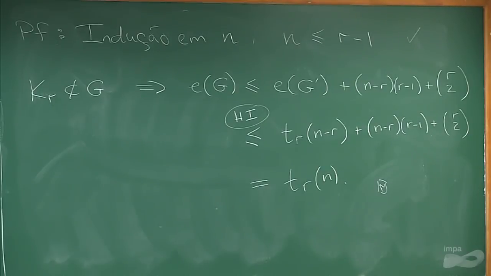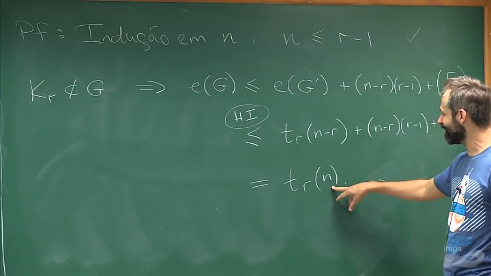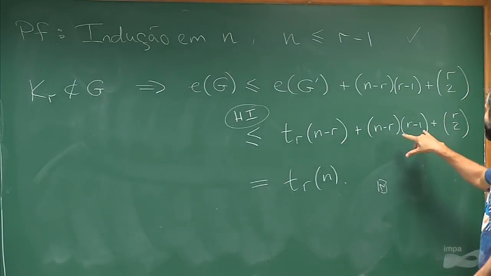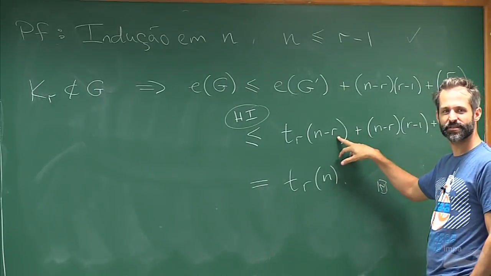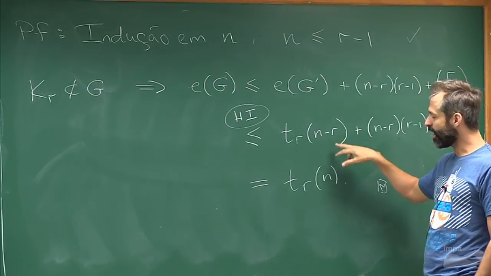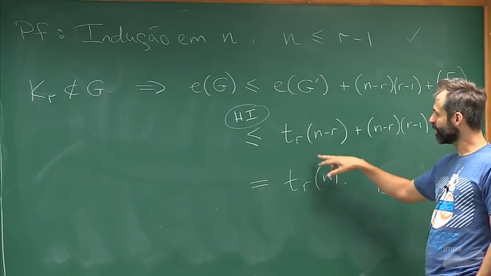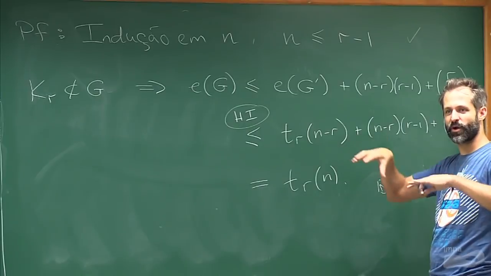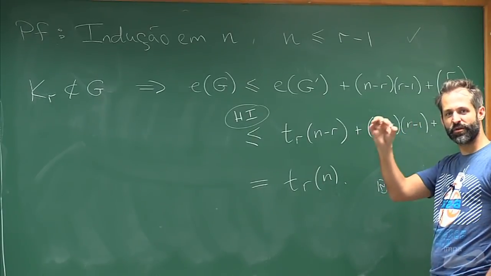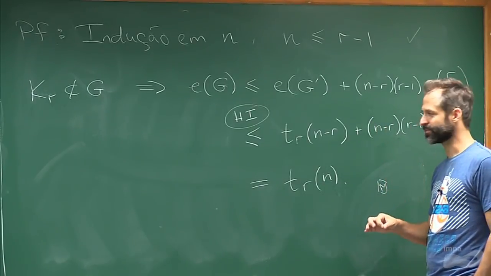So let's try and prove it by picture instead. Why is the difference between T_r(n) and T_r(n minus r) exactly this? Well, what's the difference between these two graphs? We've added r vertices, and we know they're both r-partite graphs, with class sizes as equal as possible. So we've added one vertex to each class.